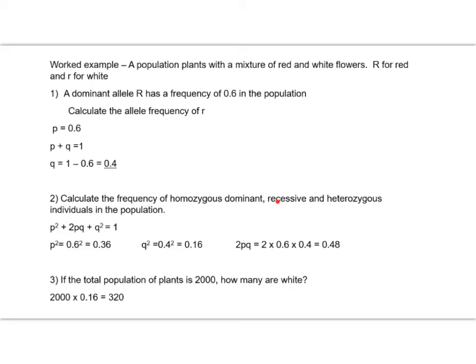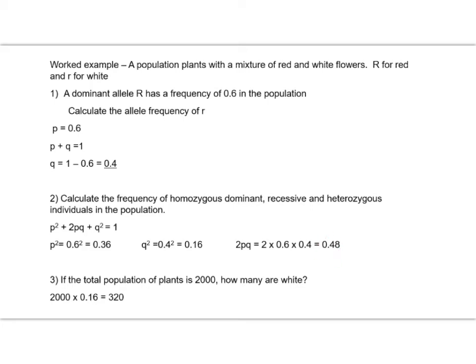We want to work out the homozygous recessives, so that's q squared. We know q was 0.4, so we square it, which is 0.16. So that's the frequency of homozygous recessives. And heterozygous individuals is 2pq, so it's 2 times p, which was 0.6, times q, which was 0.4, and that gives us an answer of 0.48.